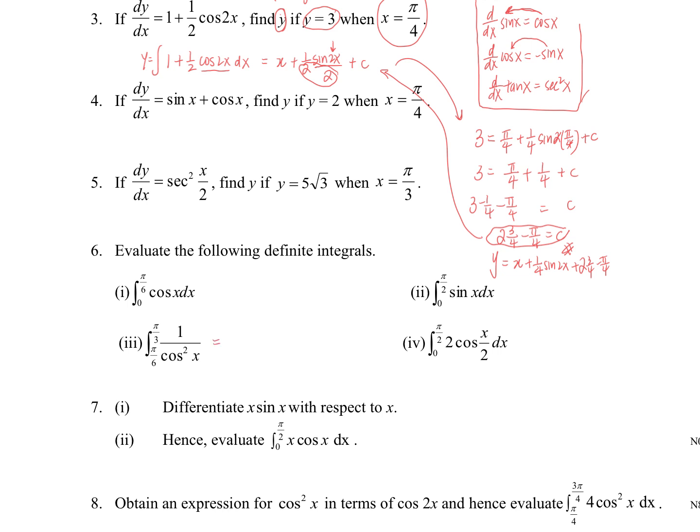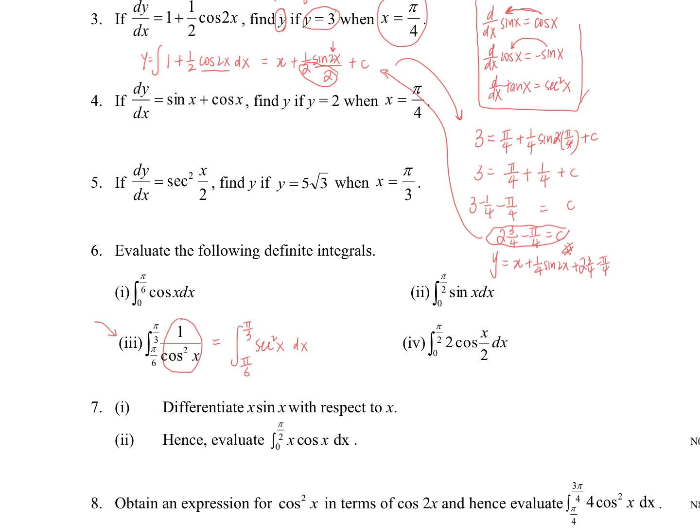Let's look at this. This one how to change? Cosine x square. Cosine square negative bracket cosine x negative 2. 6 part 3. Change to what first? We never learn how to integrate secant. Alamak. 1 over cosine is secant what?